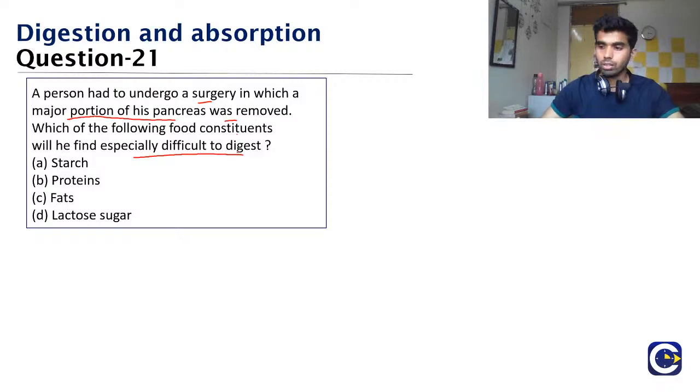In this question, you have to answer one component whose digestion only occurs because of the pancreatic enzyme. So is it starch, is it proteins, is it fats, or is it the lactose? So what is it? Which solely occurs, means which of the following things is digested only by the small intestine?